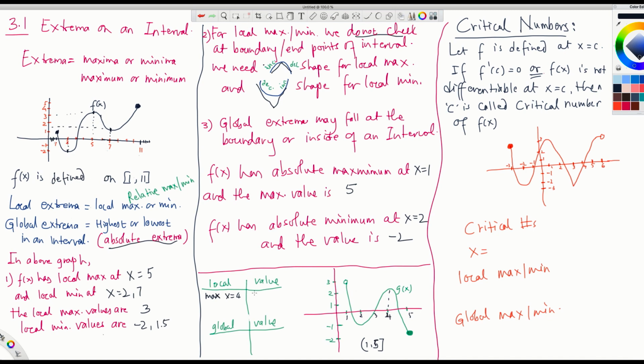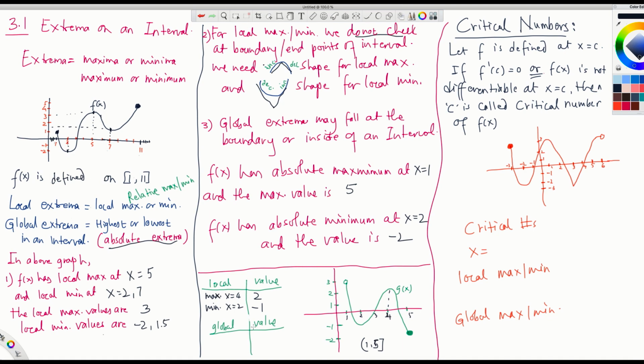So the value is 2. And is there any other local max? No. How about the local min? The function has a local min at 2, right? Because it has a minimum value there. Around the point 2, the lowest height is at 2, right? So the local min is at x equals 2, and the minimum value is -1.